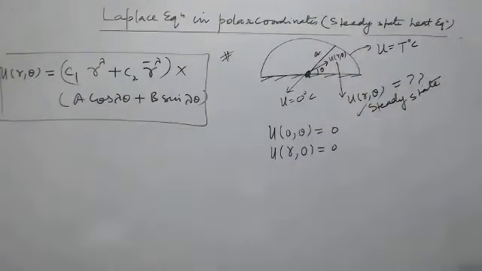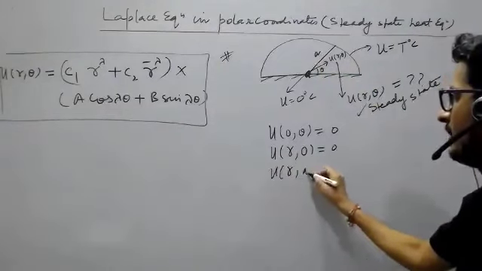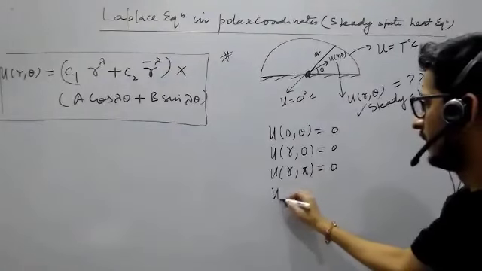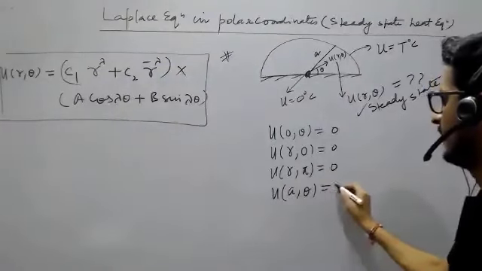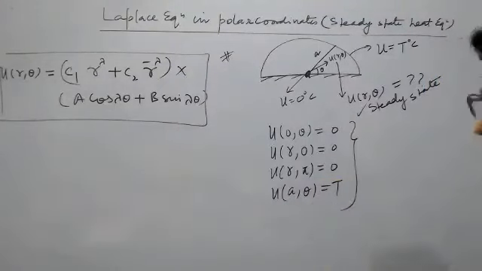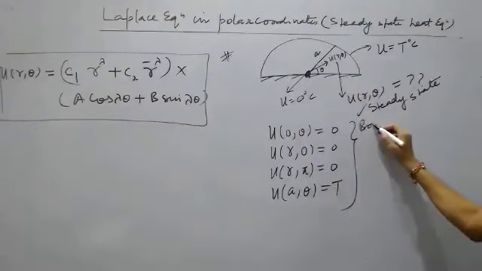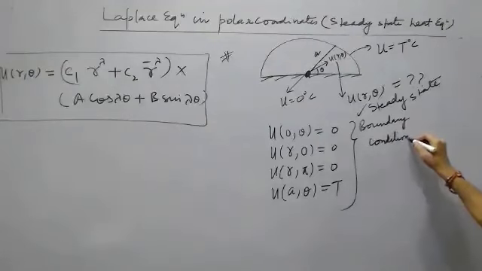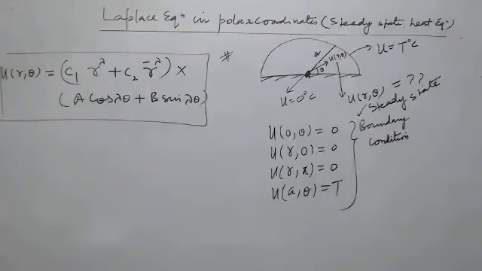So if theta becomes 0, then also you come to the diameter, and u of r comma pi will also be 0, and u of a comma theta will be equal to capital T, which is given. So these are the boundary conditions according to the question. Please see, are you okay with the boundary conditions? Or if there is any confusion, you can ask.